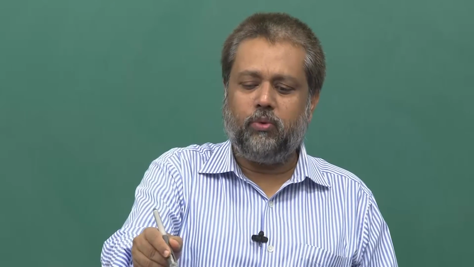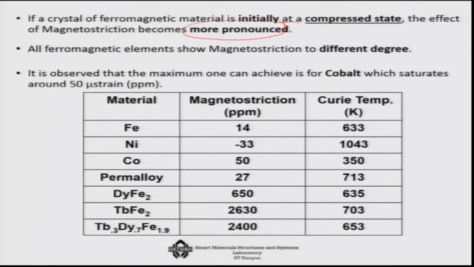It comes back to its normal size, and as the magnetic field is applied further, it expands until all the domains are nicely oriented in one direction. As a result, the effect becomes much greater if it is initially compressed. That is one technique that people use.